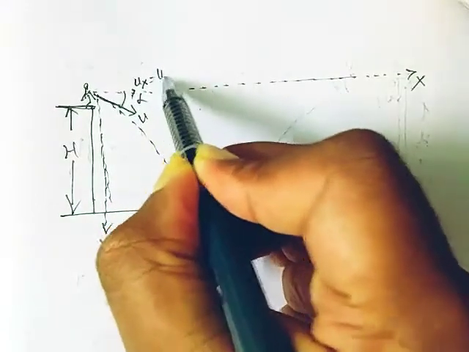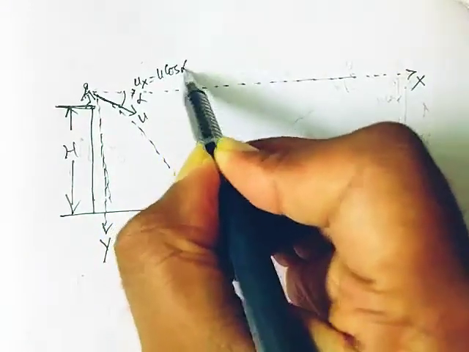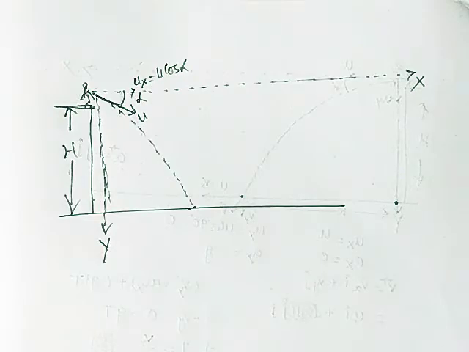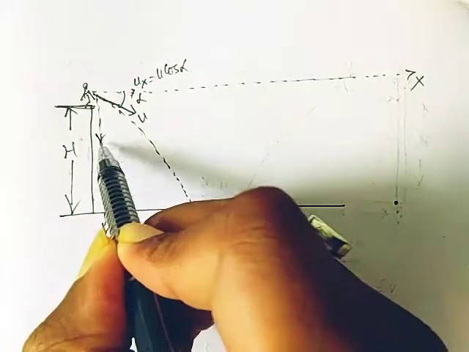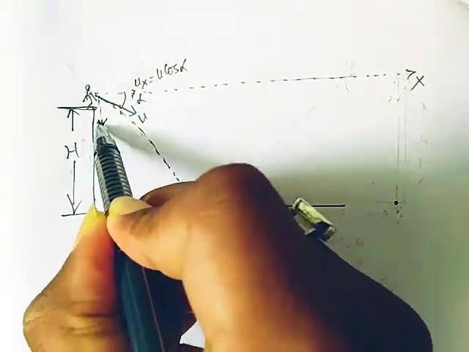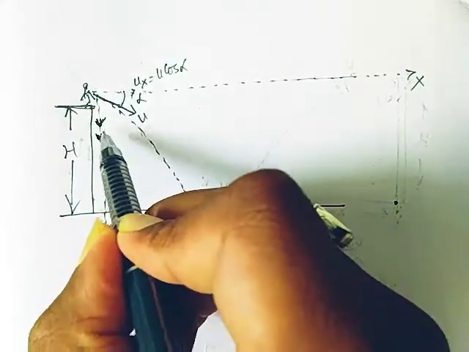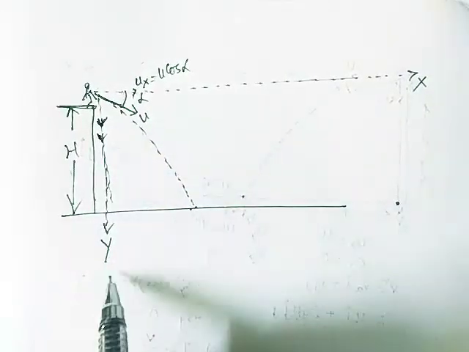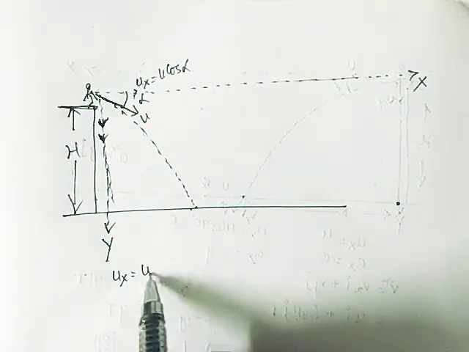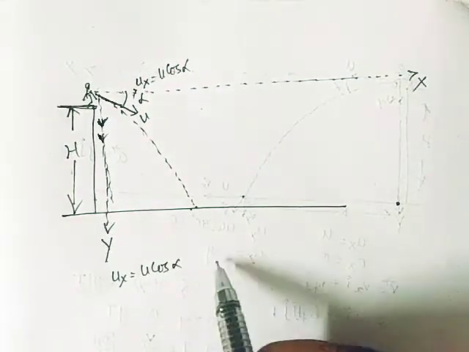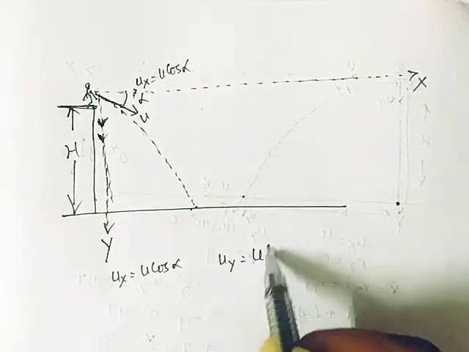If I say it has two components, u cos alpha along the x-axis, and along the y-axis the component is the uy. So ux equal to u cos alpha and uy equal to u sin alpha.